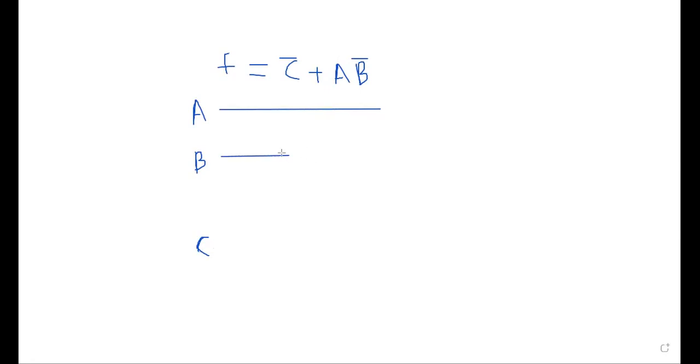So we need to have a NOT gate here. Then A and B bar, so we need to use an AND gate there, A dot B bar.